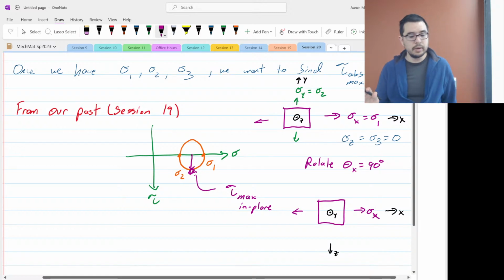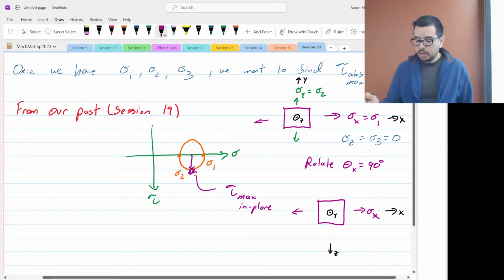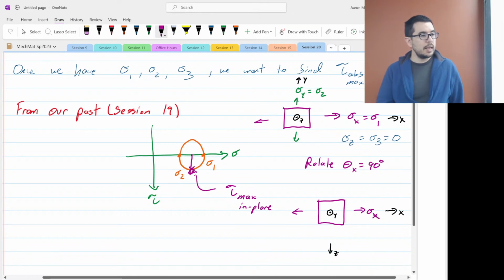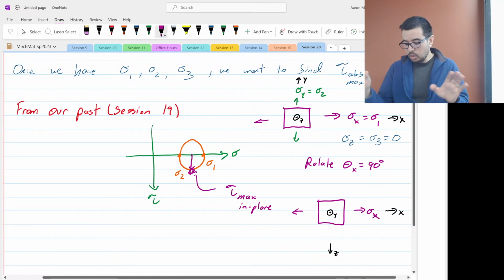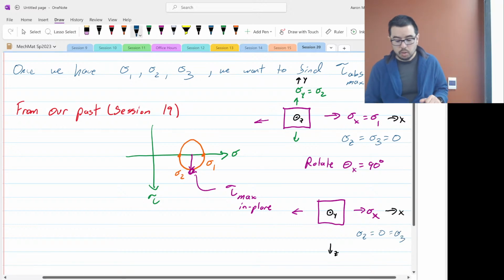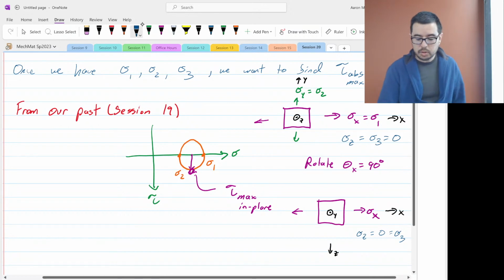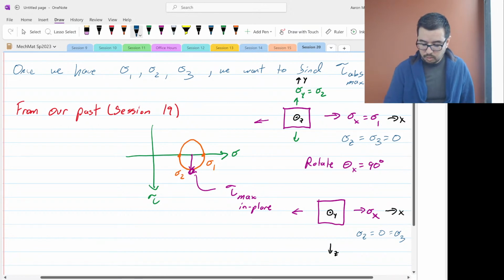And sigma y is actually coming out at us, so let's just ignore that plane for a minute. And then there's no sigma z, sigma z was equal to 0. That's the sigma 3. So sigma 3 on our Mohr's circle is going to be over here.